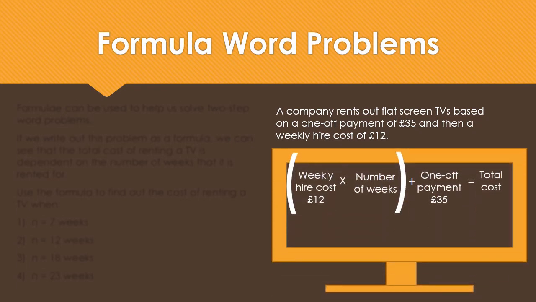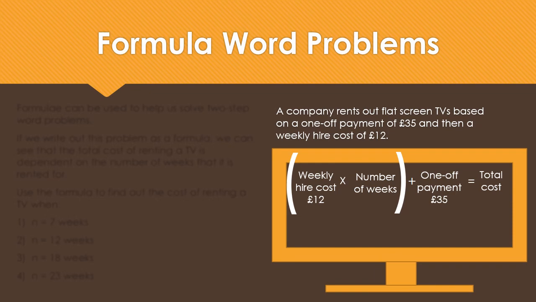The formula would look something like this. So it'd be the weekly hire cost multiplied by the number of weeks. So that would be 12 times, say 4, if you wanted it for 4 weeks, plus our one-off payment of £35 equals the total cost.